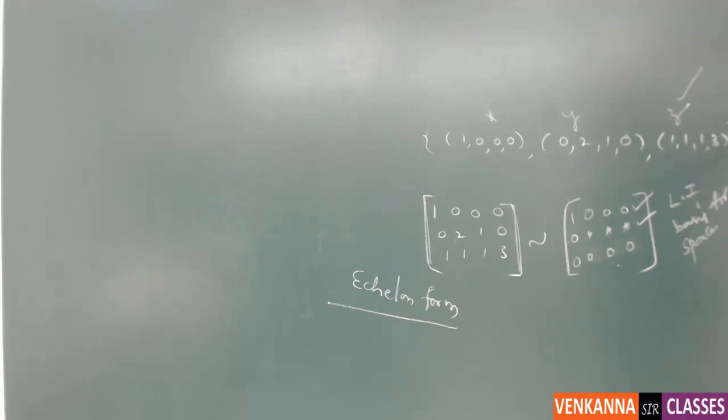So in order to obtain a basis, the technique we usually follow is to write the vectors in the form of a matrix, apply row operations and make it echelon. If a row becomes completely 0, that corresponding vector is removed because it is linearly dependent. Whatever vectors remain will constitute a basis.